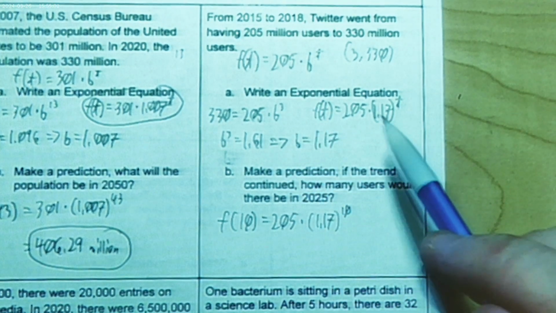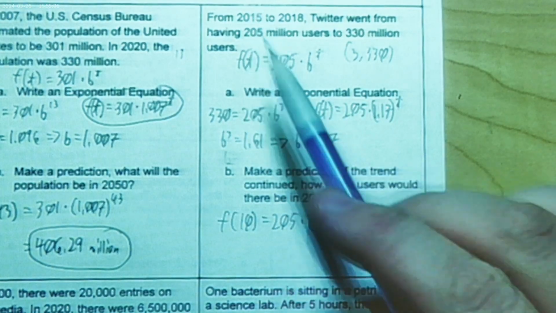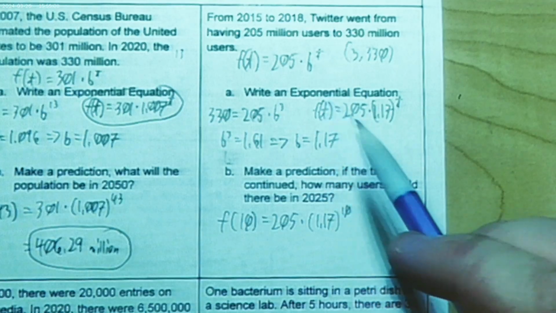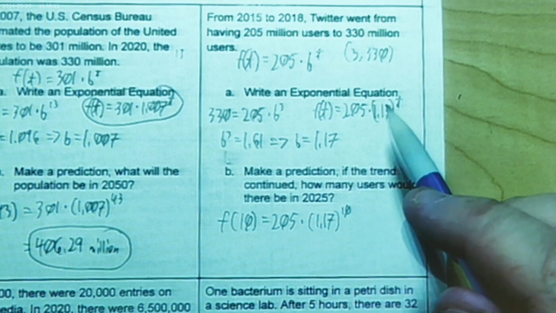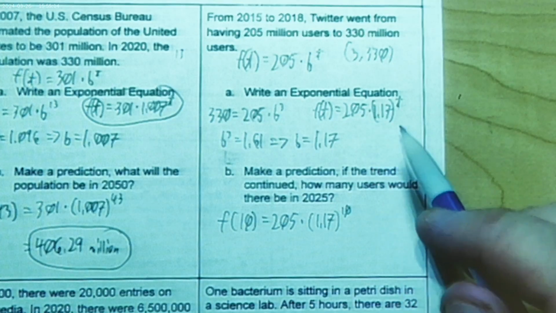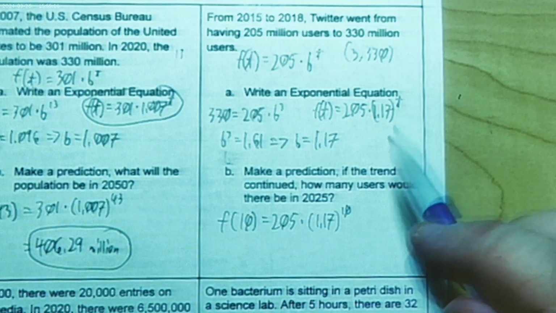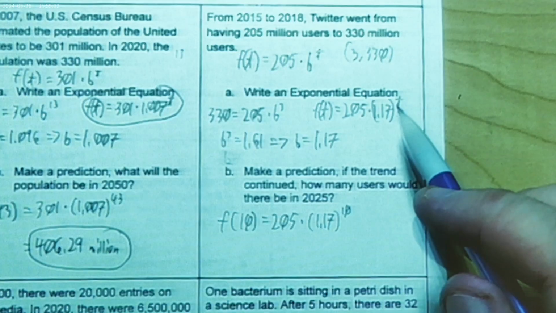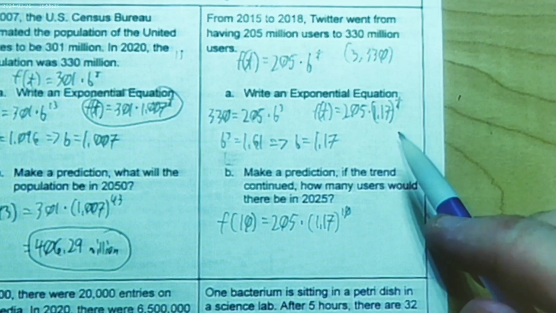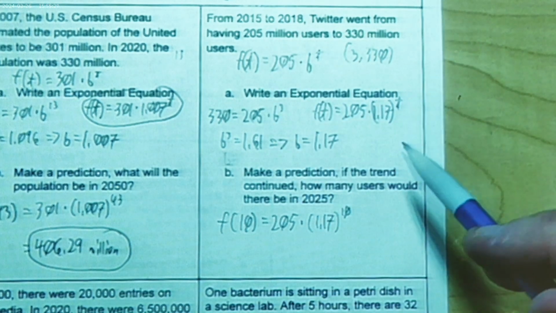The way that I got 10 is that I'm looking at this equation here. If I start at 2015 but I want to know what's in 2025, each year this value changes based on how many years have progressed. At time equals 1, we gain 17%. At time 0, we've got 205, which is how the formula was set up.